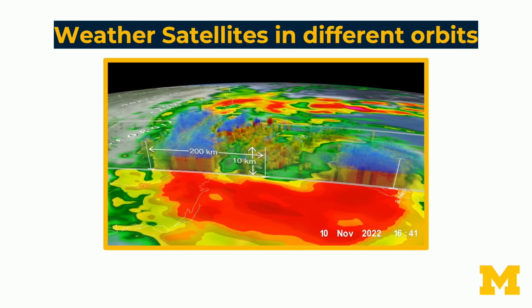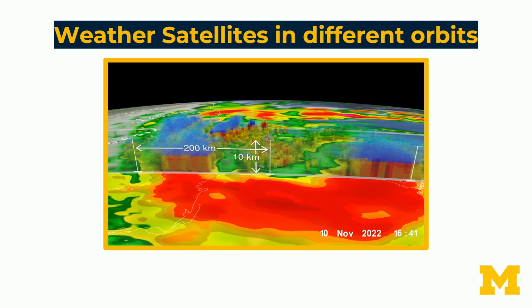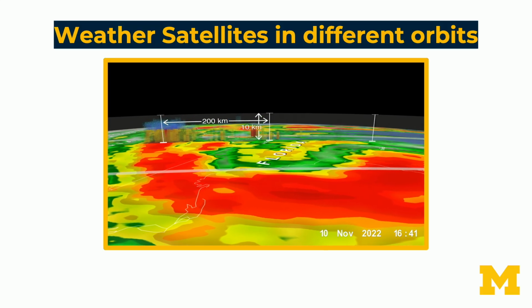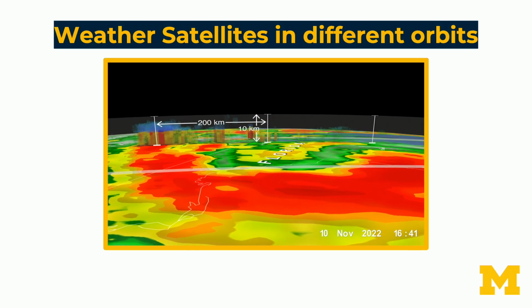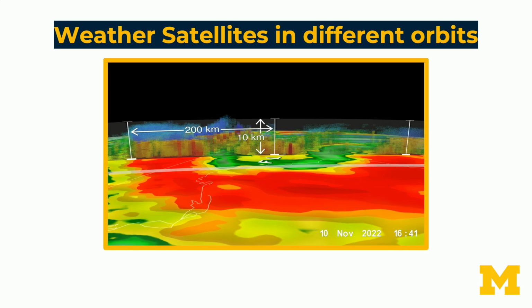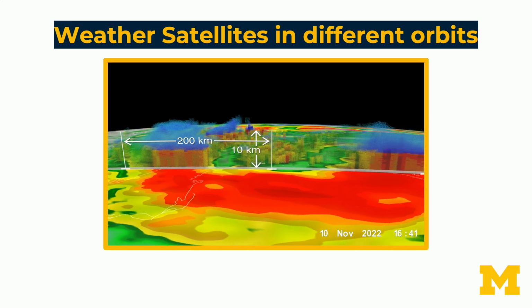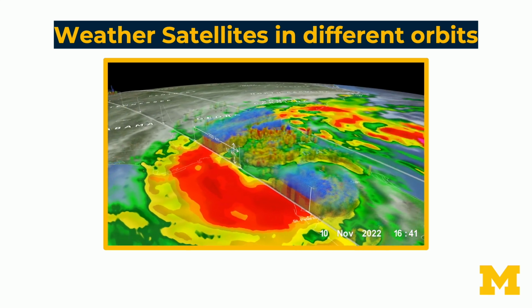That fine scale resolution is from the low Earth orbiting satellite, and that coarse large scale resolution is from the geosynchronous satellite. So you can combine these two satellite systems to get both really fine scale detail and large scale detail. Now, why don't we just use a ton of low Earth orbiting satellites?